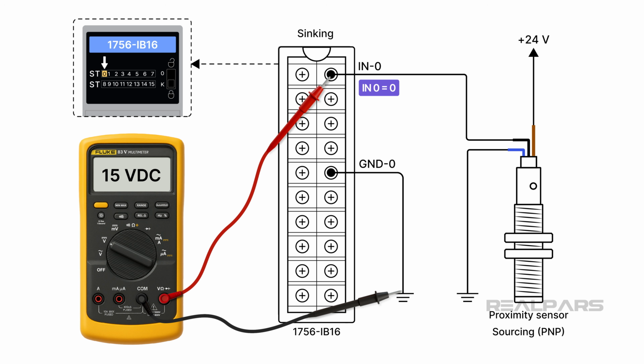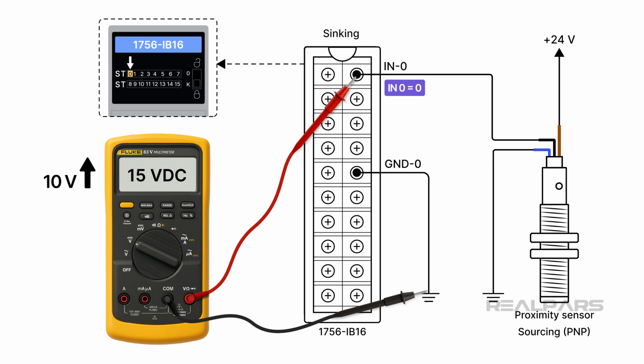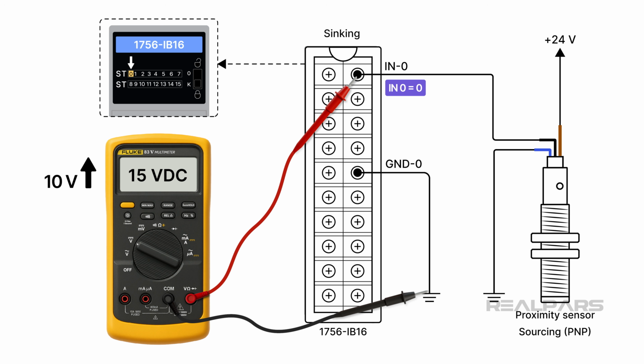According to the 1756-IB16 input specifications, any input voltage above the 10-volt threshold will be detected as on by the module. A 15-volt input will be interpreted as a logic 1 in the PLC program. However, this may indicate issues with the field device, wiring, or possible corrosion.